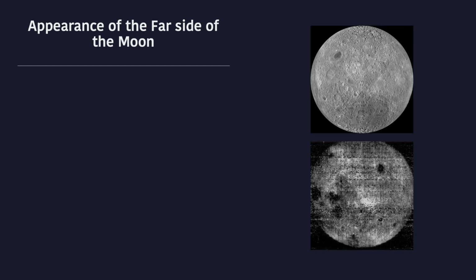As we can see from this image, the far side of the moon looks drastically different to the near side. Initially, we could never see the far side of the moon because the moon is tidally locked to the Earth.